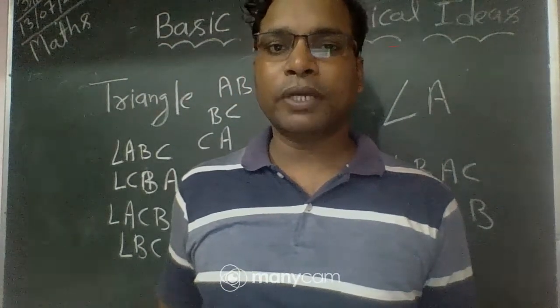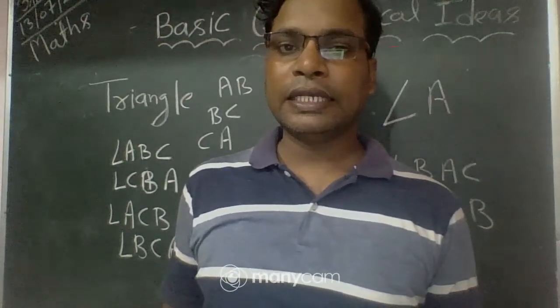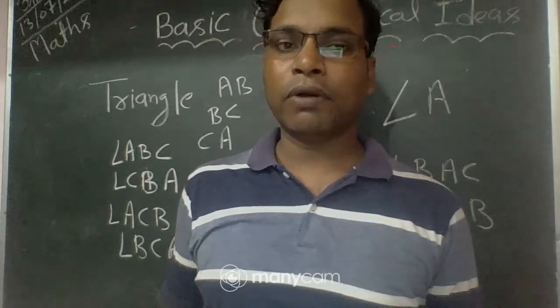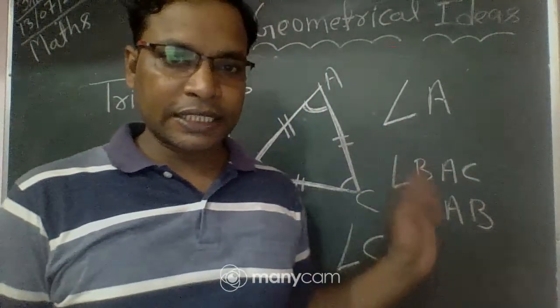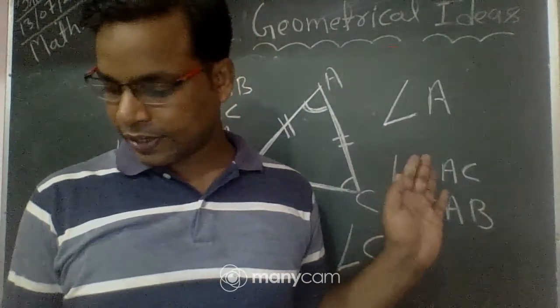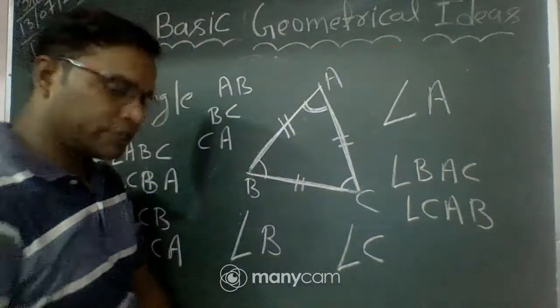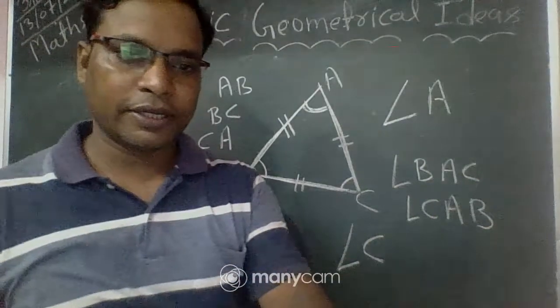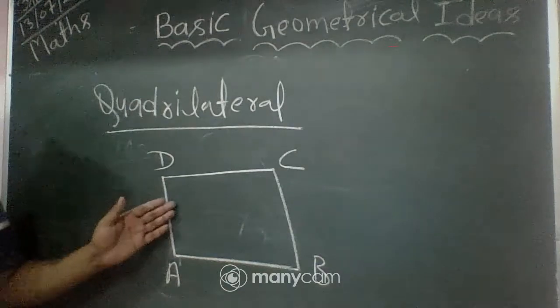So student, in this way you know what a curve, simple curve, open curve, interior point, exterior point and boundary point are, and the triangle with its vertices, sides and angles. And the four-sided polygon is called a quadrilateral.